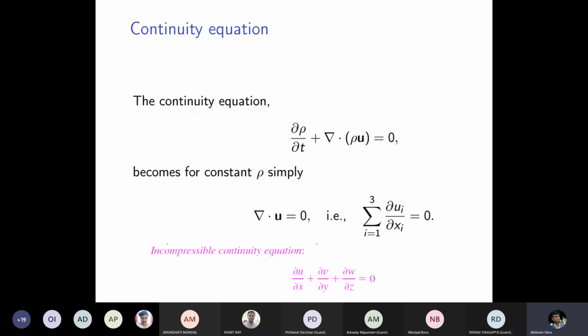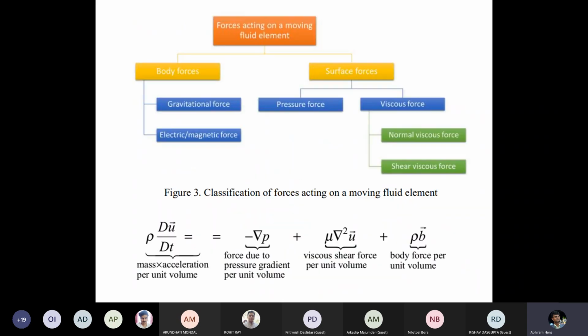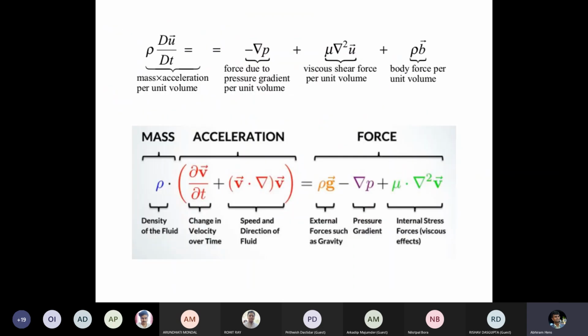So we just began to understand how the governing equations work, and the continuity equation is this. This is one of the main equations, and then we talked a little bit about the Navier-Stokes equation, how it is related to Newton's laws of motion.